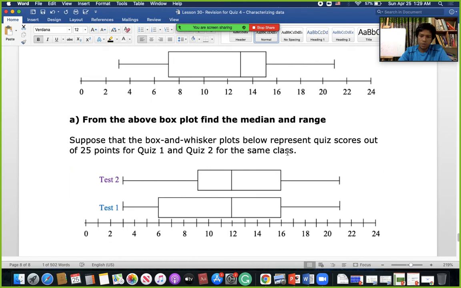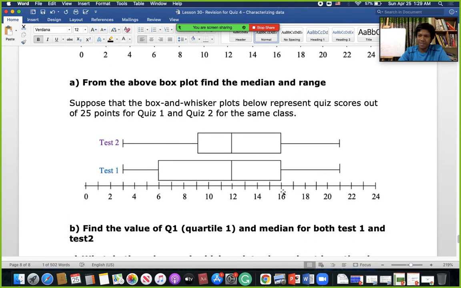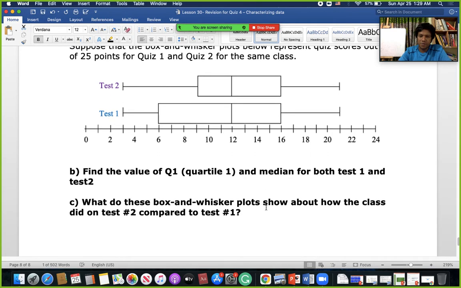And 2 box plots are given. Actually we discussed this question in our class last time. Which test is better, you have to find out first. Before we compare which test is better, you will have to find out quartile 1 for both test 1 and test 2. So quartile 1 for test 1 is 6, and quartile 1 for test 2 is 9.